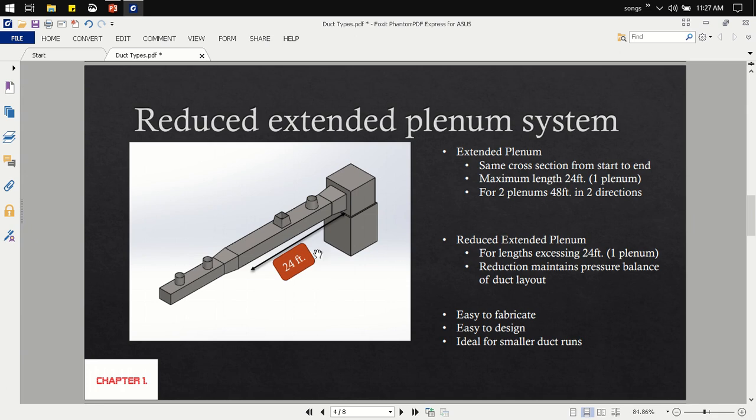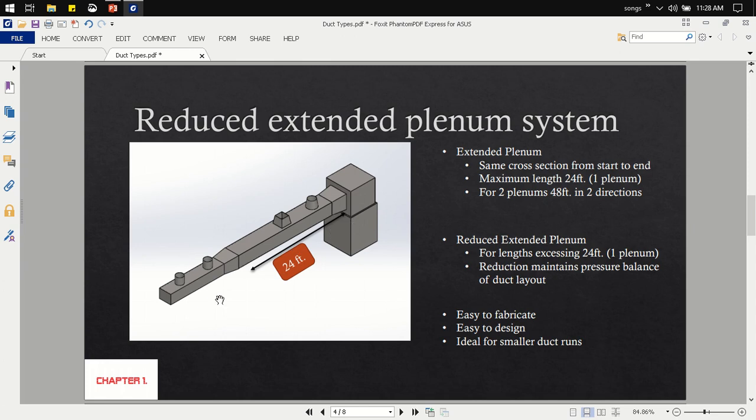If we increase the length beyond 24 feet, we have to move to the reduced extended plenum system and take a reducer, like in this figure. After that reducer, we can continue the duct length.